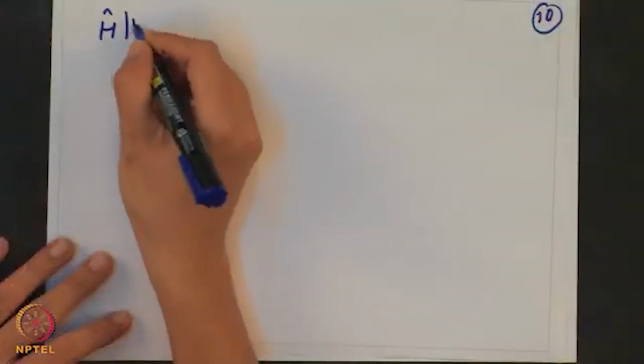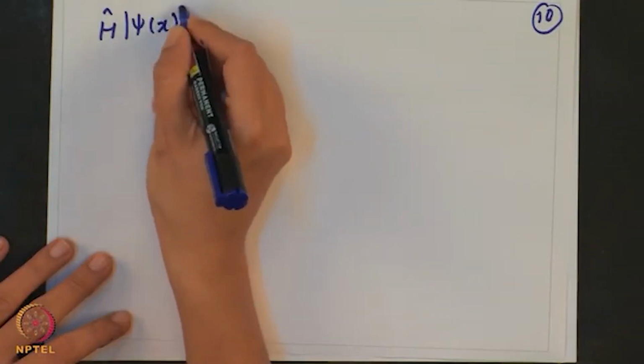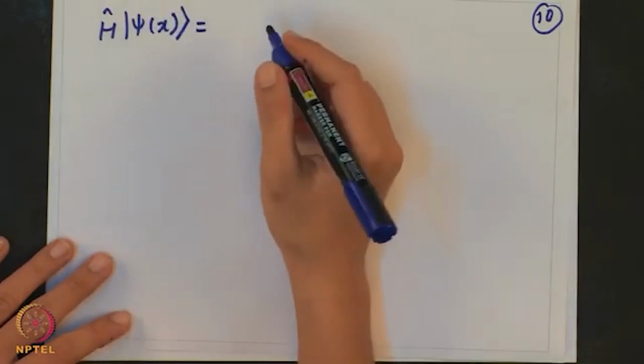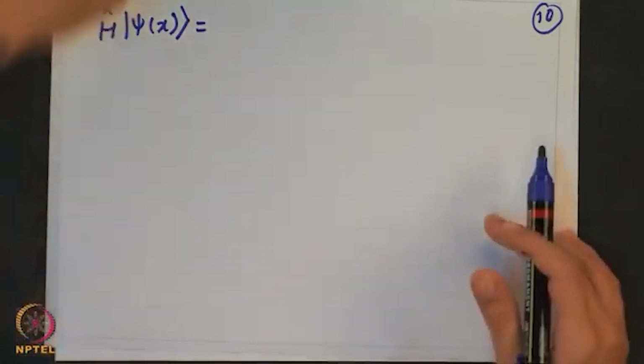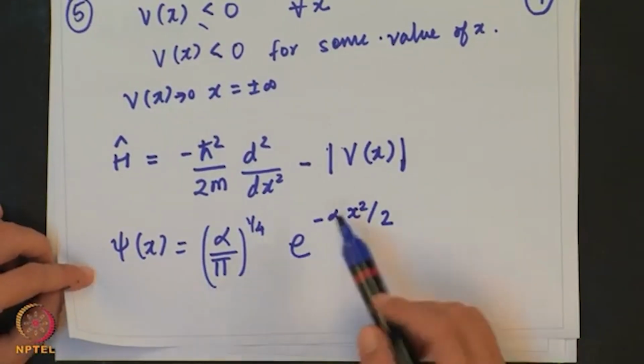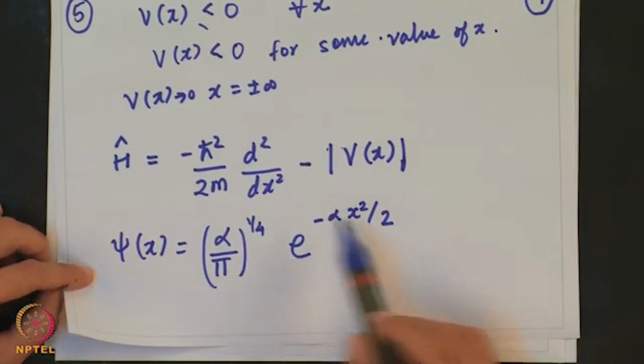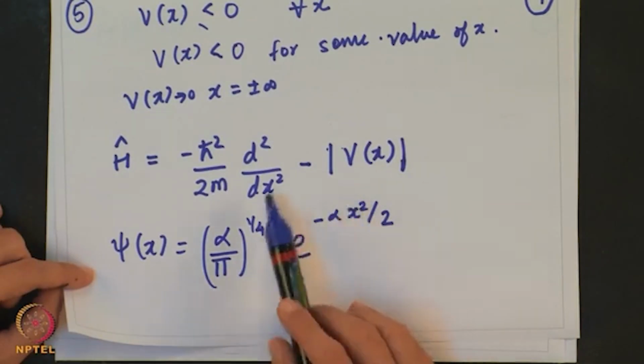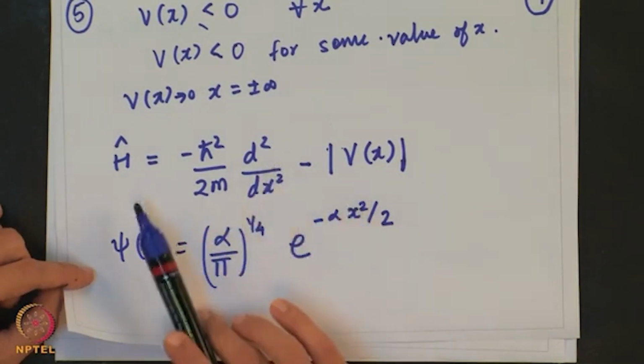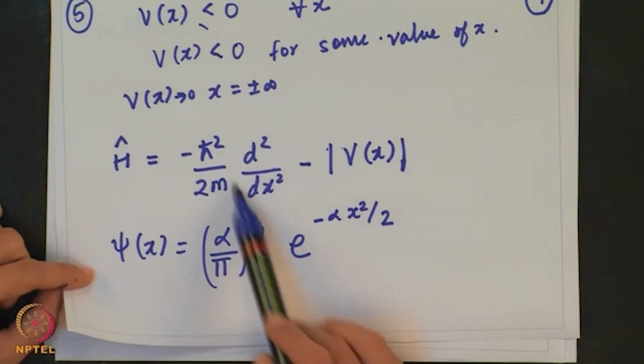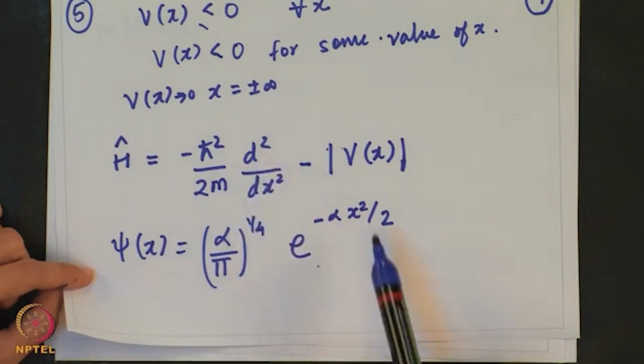So, now if I operate this on this trial wave function, what do I get? Let us work this out quickly. When you operate the Hamiltonian operator on this wave function, you can see that it has this exponent, and you will have to differentiate the exponent twice.